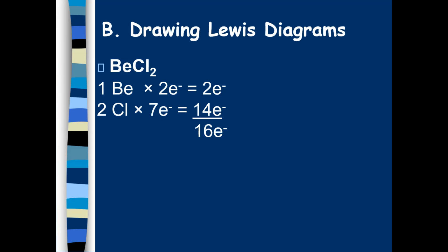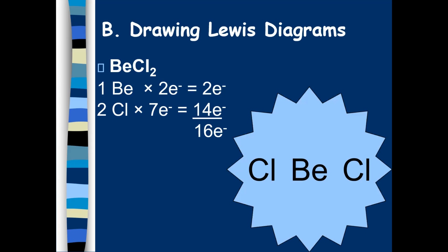Beryllium is. Number 1, it's the one that we only have 1 of, and number 2, it is the least electronegative of the 2. So yes, we make bonds. We subtract the number of electrons that we used in the bonds, which is 4. And then we end up with 12.